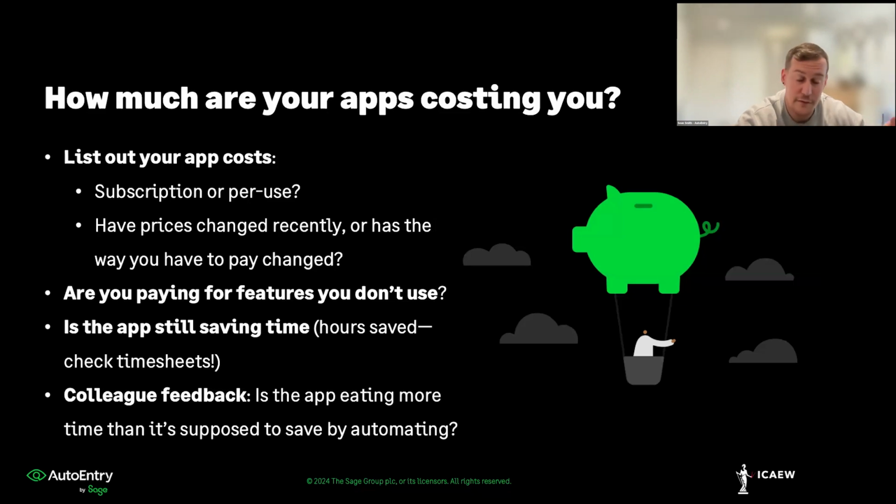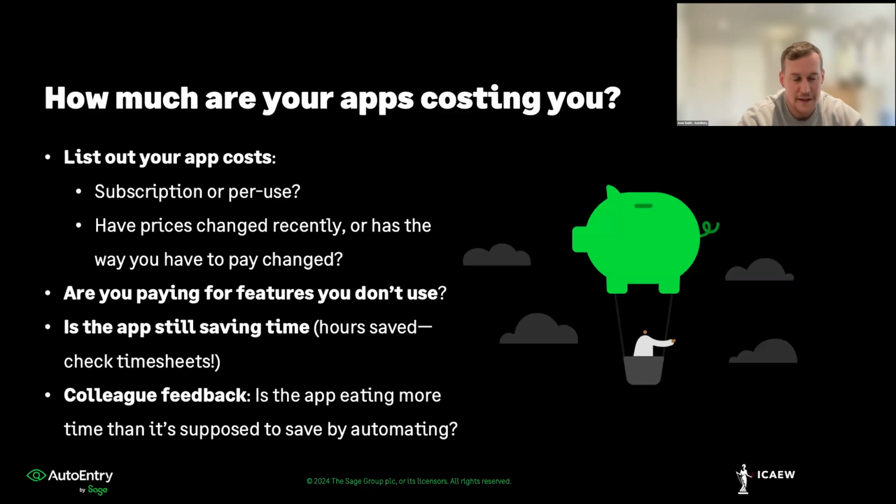From my point of view, certainly when I was helping businesses to implement apps, the colleague feedback loop was something that I found very important to implement. That's just because if you're looking at it from a top-down approach, if a process or an application has been implemented, it may not be the decision maker or the buyer that's using it daily.